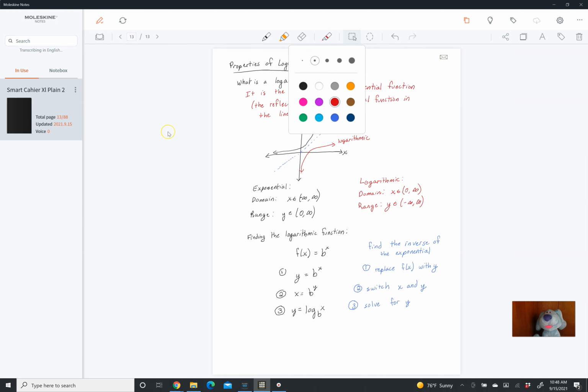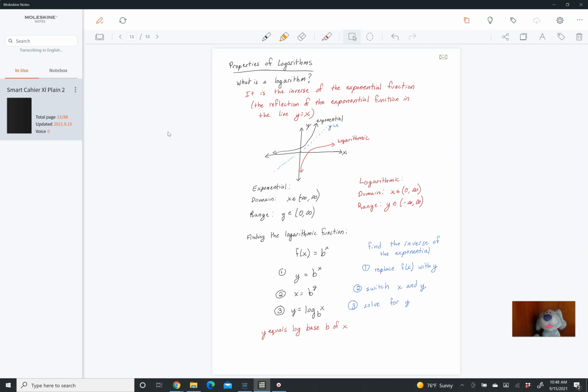Okay. Now let's look at this y equals log base b of x a little bit more closely. So again, I'm going to write down what this is. Y equals log base b of x. That's how we say it. Okay, what does it mean? It says b to the y power is equal to x.